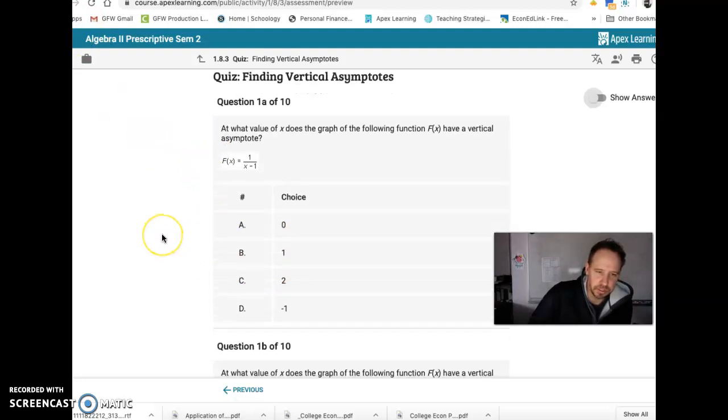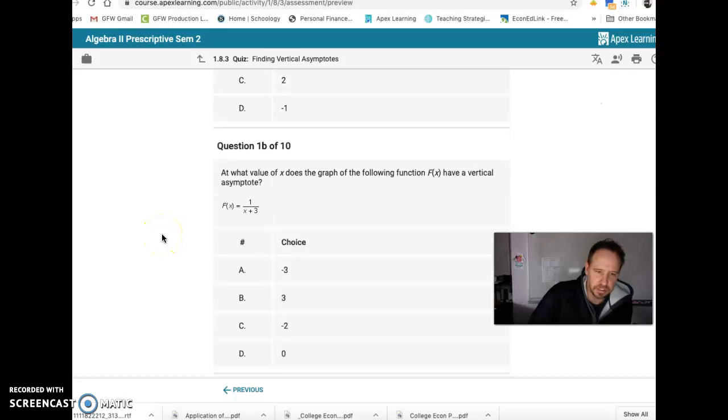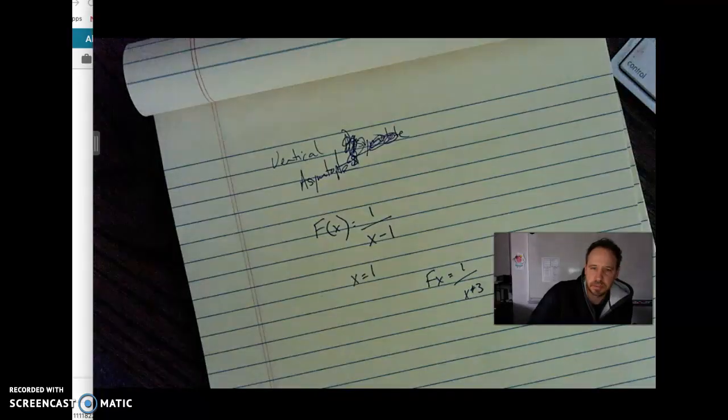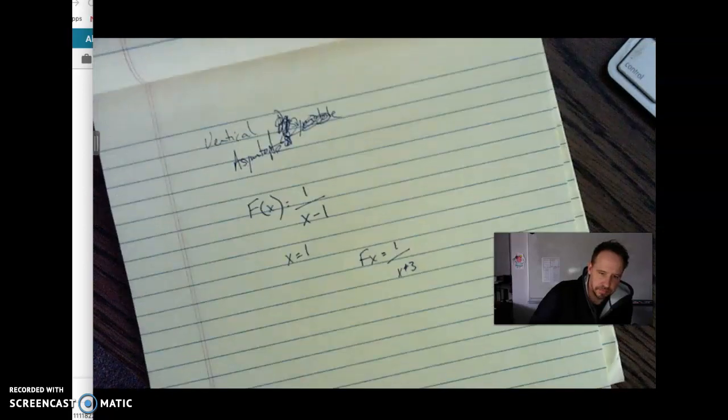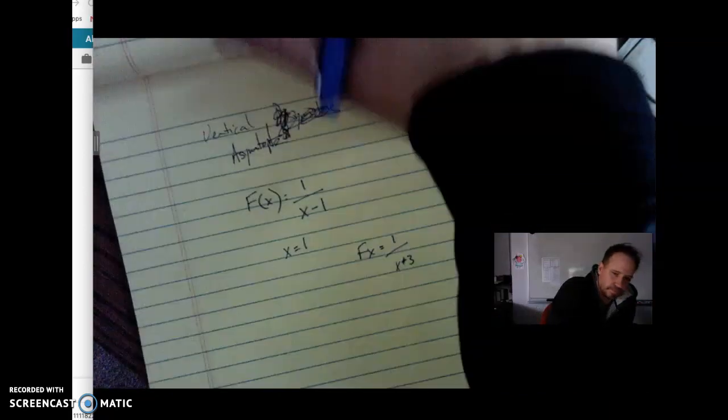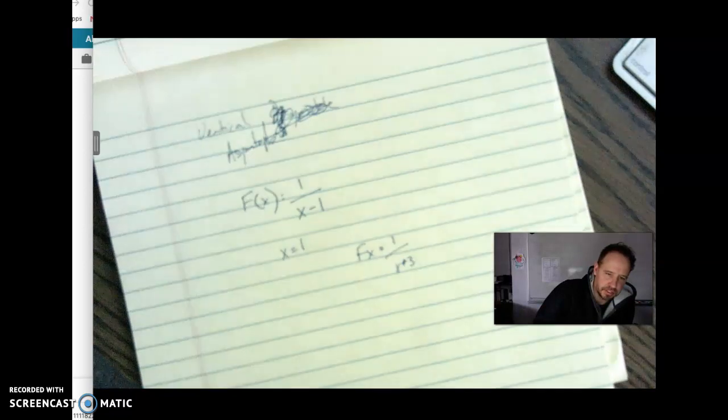So as you go through and try to solve these, okay, here we got f of x is equal to 1 over x plus 3.